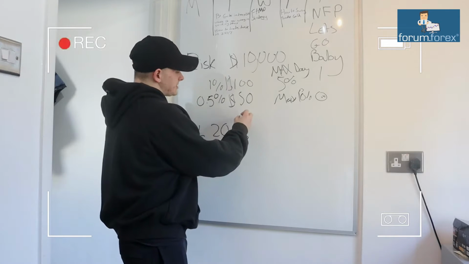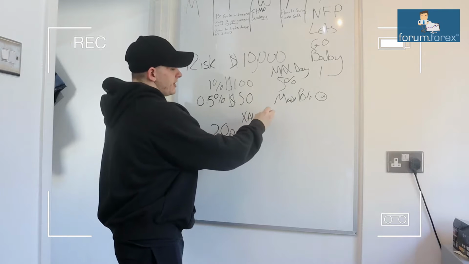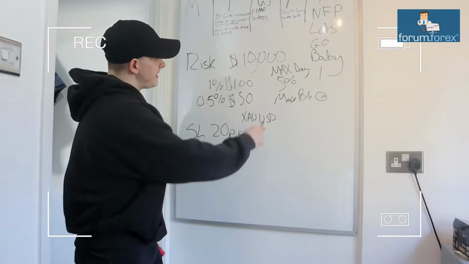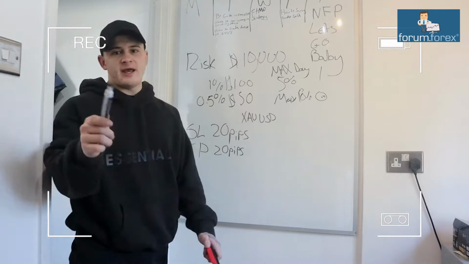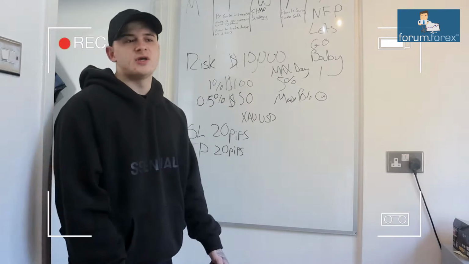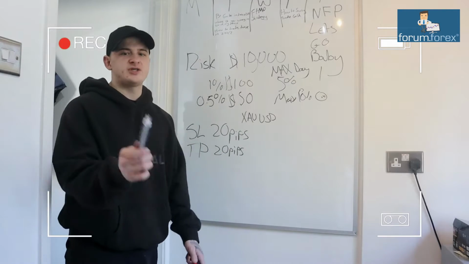So XAUUSD, because we trade gold, you would put in the calculator 20 pip SL, you would put the account size, and then it will bring you to your lots, which I believe a 10k account is about 0.59 using a 20 pip SL, to my general knowledge.